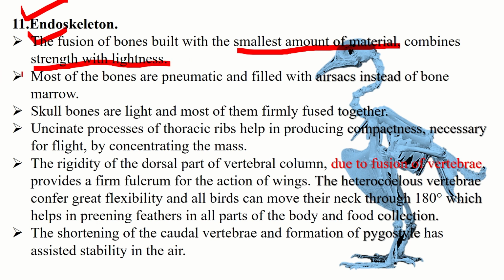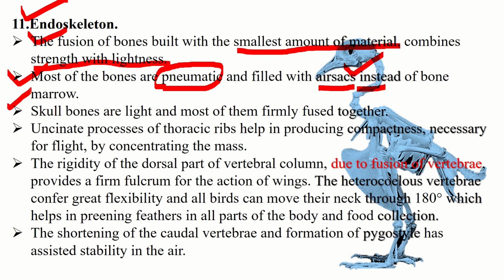The second point related to the endoskeleton: most of the bones are pneumatic, that is, hollow bones filled with air sacs. Some bones have air sacs instead of bone marrow, so there is no bone marrow in the bones of birds. Some large bones near the respiratory system, towards the lungs, have air sacs in them.